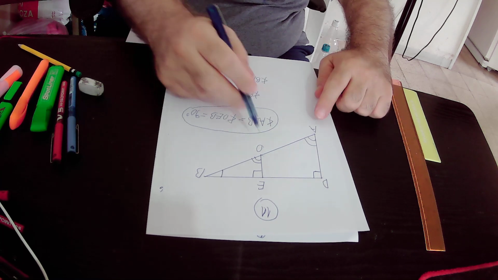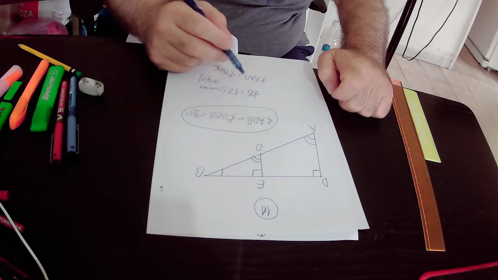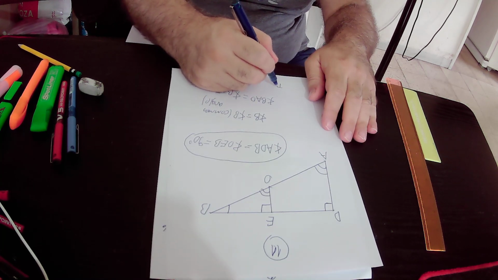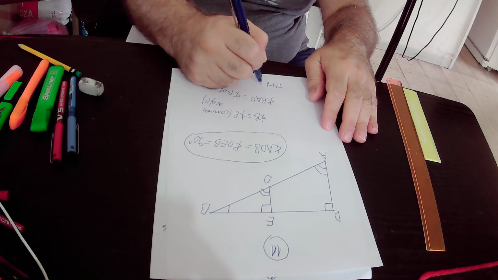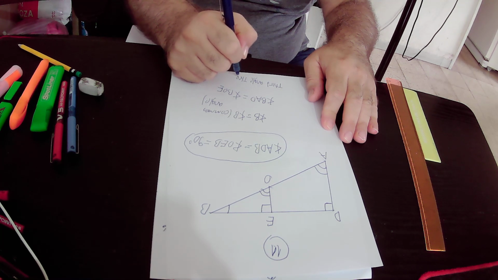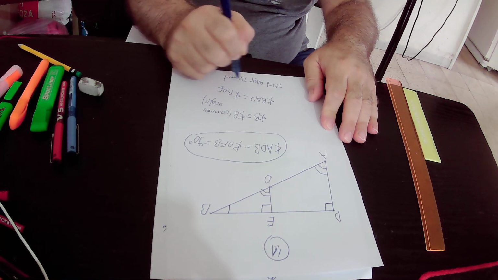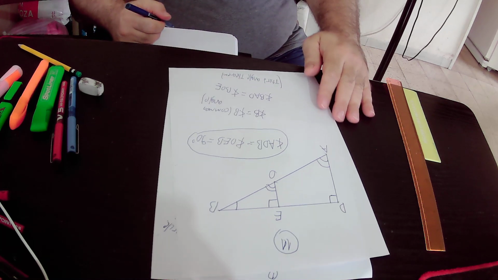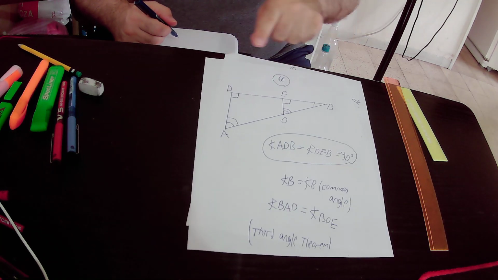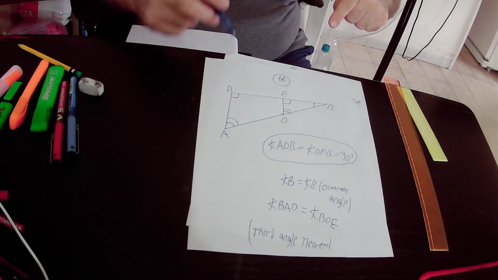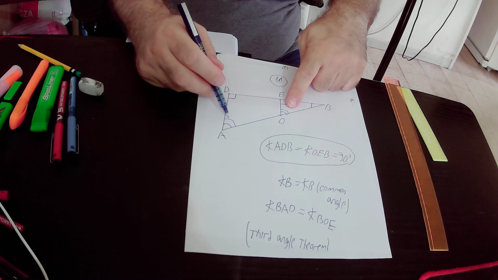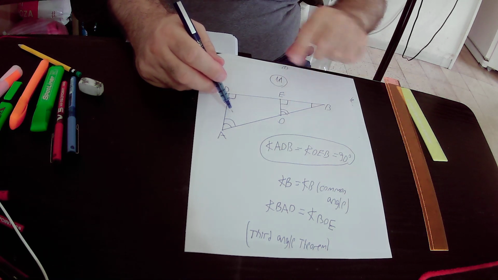Those two angles are equal to each other according to the third angle theorem. Okay, angle DAB equals angle EOB, so those two angles are equal to each other according to the third angle theorem.